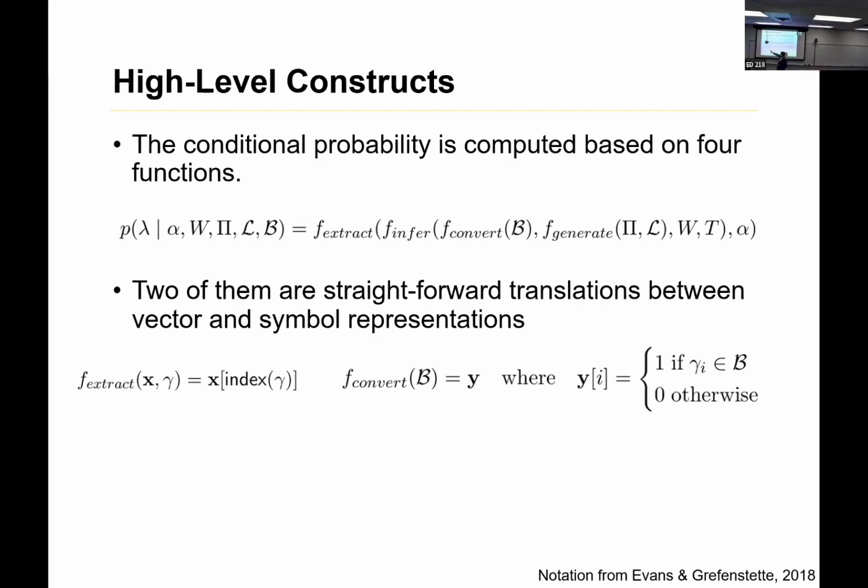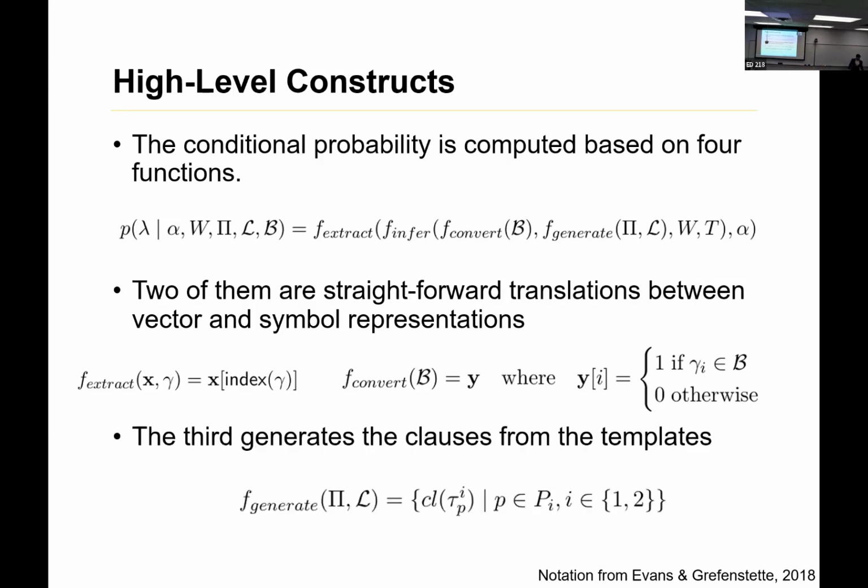This one just gives you the value for that ground atom in vector X. This one takes a set of facts and gives you a vector where for everything in the set of facts the associated position is 1, and if it's not in the set of facts, it's 0. It's pretty simple. And we also have this thing that generates the templates. Again, this is just itertools in Python or something like that. It's just enumerating out all the clauses for a given template.